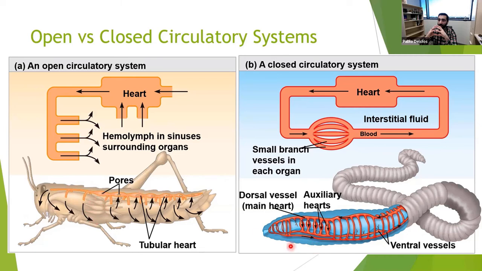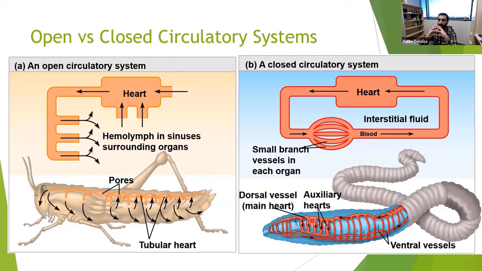In the closed circulatory system, though, blood, the circulatory fluid, is confined to vessels, what we might be more familiar with since we have closed circulatory systems. And it's distinct from interstitial fluid, the fluid outside of these vessels. Whereas in an open circulatory system, it's all mushed together in hemolymph.